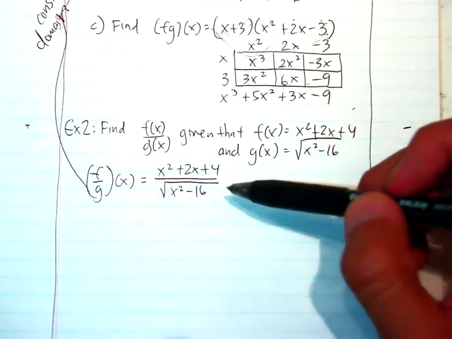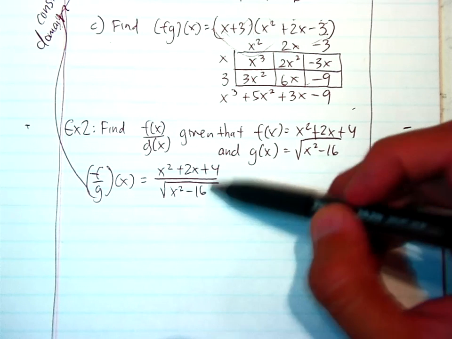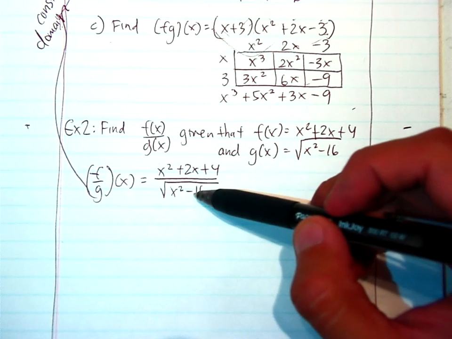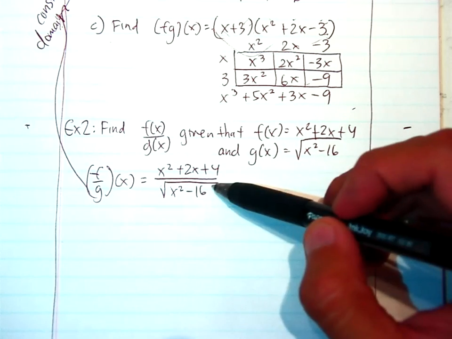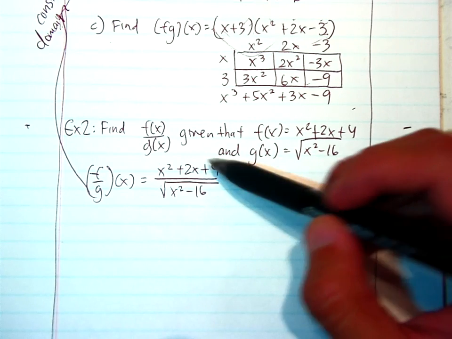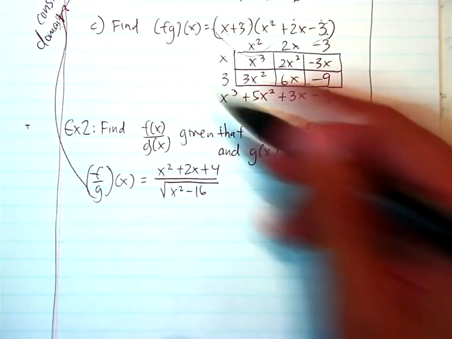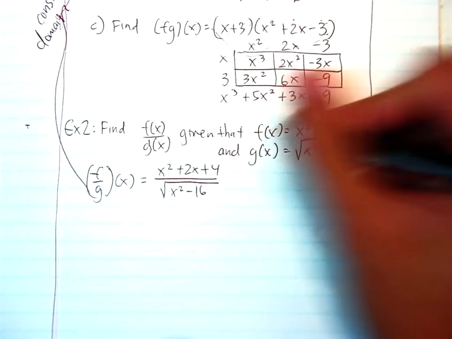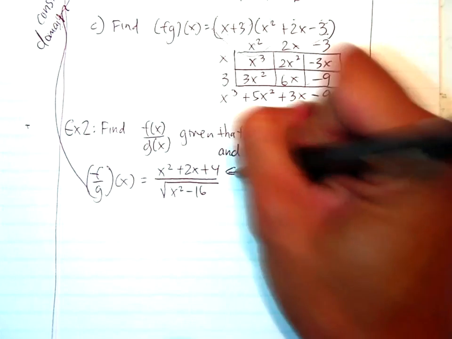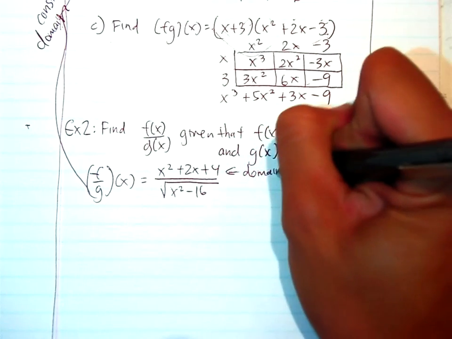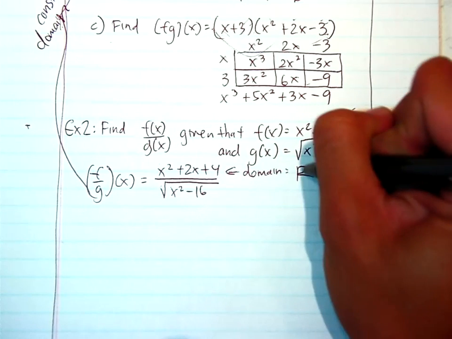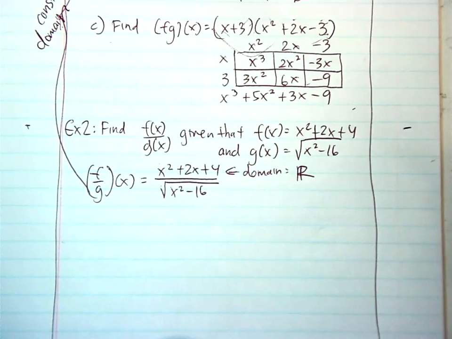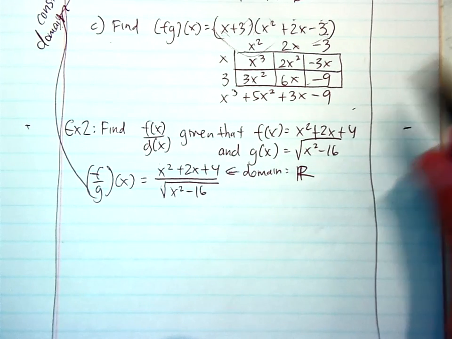Okay, so I know I can't divide by 0 on the bottom. I also know that the square root can't be a negative. And if I look at the top, it's just a polynomial. Okay, so let's consider the domain. So the domain for the top should be all real numbers, or from negative infinity to infinity, however you want to write it.